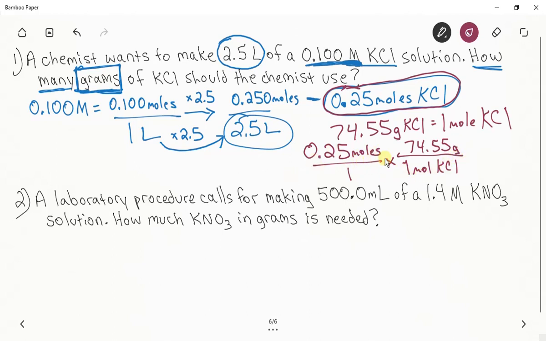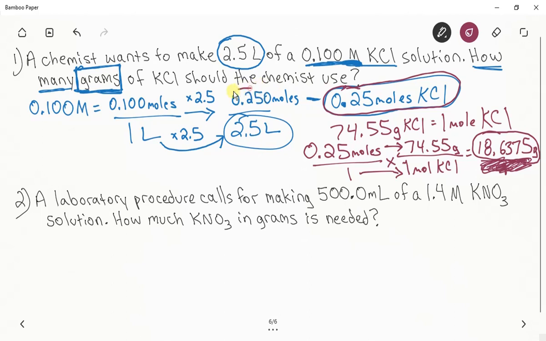So 0.25 moles times 74.55 is 18.6375. And 1 times 1 is just 1. So we can just get rid of that 1 because we don't need it to be over 1. So this is 18.6375 grams is what is needed for 0.25 moles of KCl.